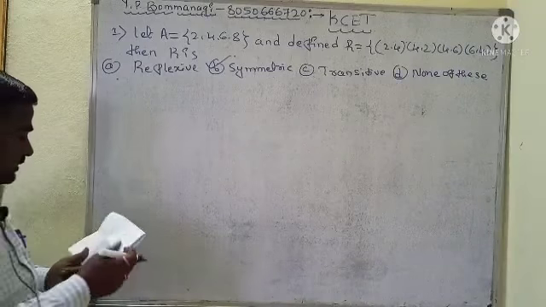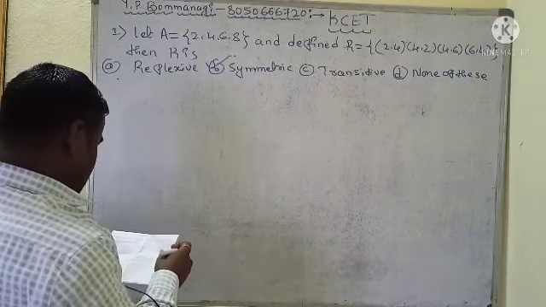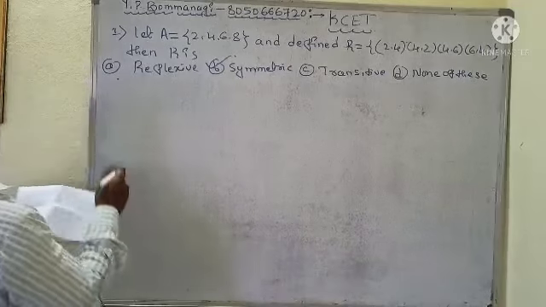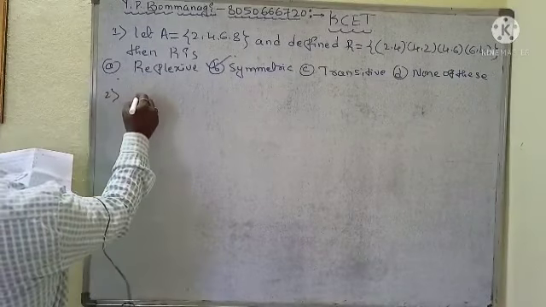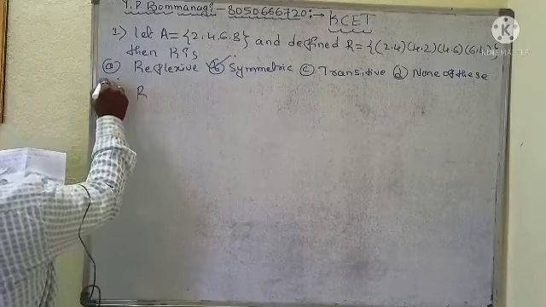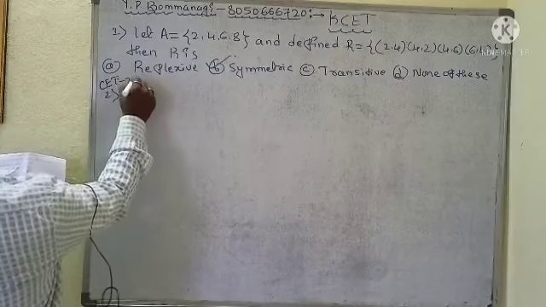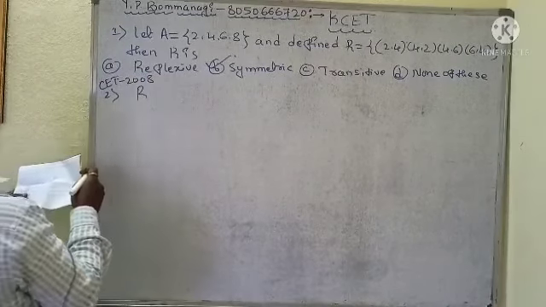So what is the second one? The most important things we are going to express for these values. CET 2008 asked this question.